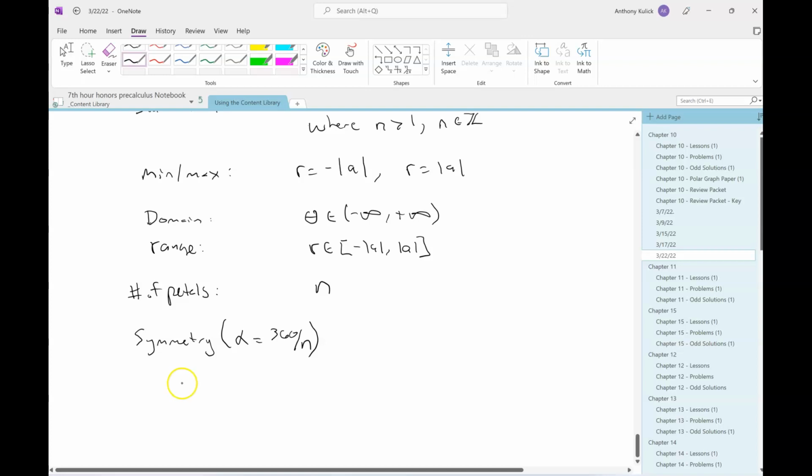So there's 3 situations. If n is even, we get x-axis symmetry, we get y-axis symmetry, and we get alpha point symmetry. So you get all 3 kinds. Whoa!